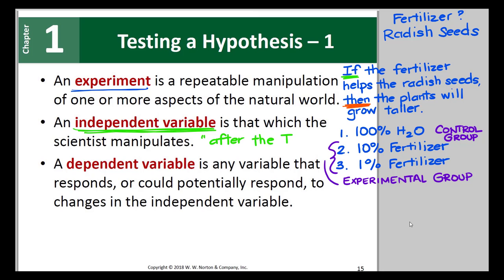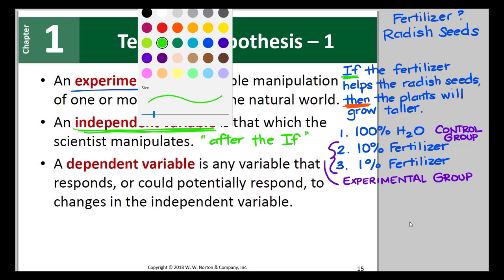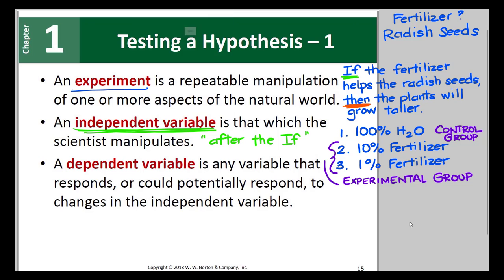So in this case, the independent variable, the one that we're changing, the one that the scientist is manipulating by changing its 10% or 1% solution, is the fertilizer. So our independent variable here is going to be the fertilizer.